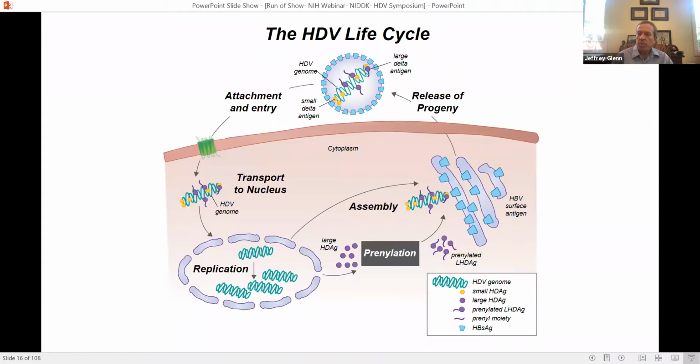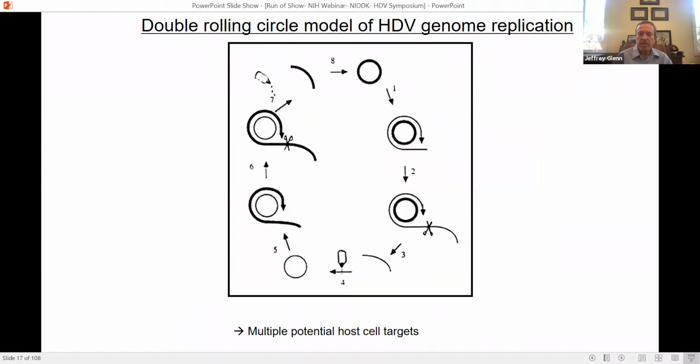And the mechanism whereby this takes place is diagrammed on this slide, a so-called double rolling circle model for genome replication, where the incoming negative sense polarity circular RNA genome serves as a template for the transcriptional machinery, which then reels round and round that template, leading to the production of linear multimers, which then undergo a processing event by a ribozyme encoded in the RNA.